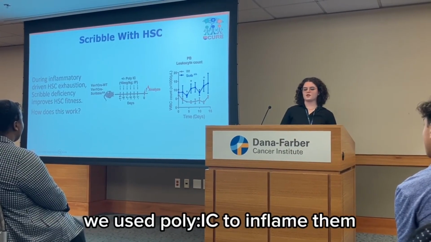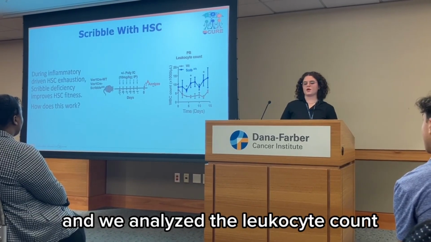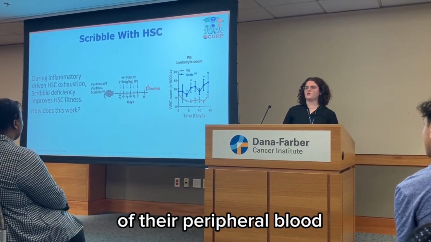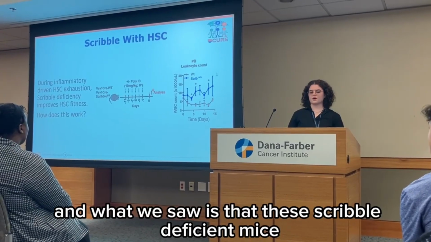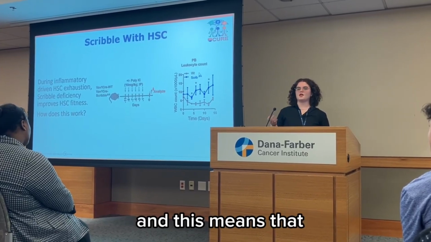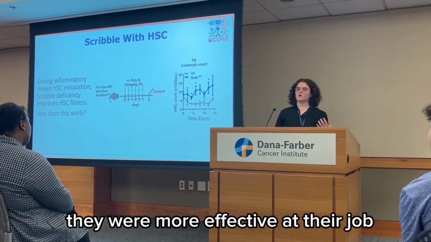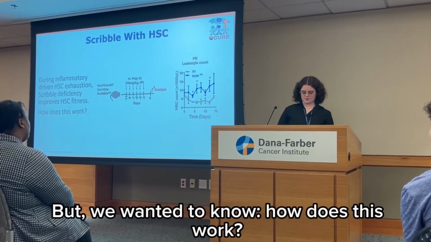We used poly-IC to inflame them. We dosed them 6 times, and we analyzed the leukocyte count of their peripheral blood. And what we saw is that these scribble-deficient mice were resistant to inflammation, and this means that they were more effective at their job when compared to wild-type. But we wanted to know, how does this work?